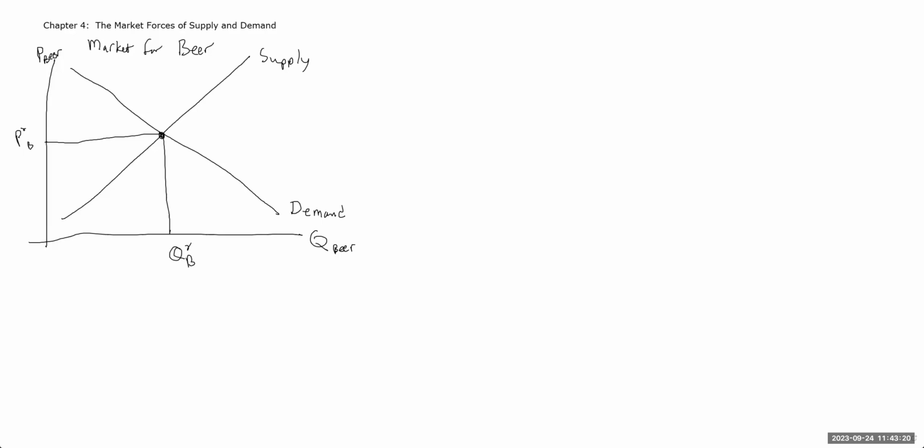Okay, all right. So the first thing we're going to do is clear this and talk real briefly about what a market is. We kind of went over this already.